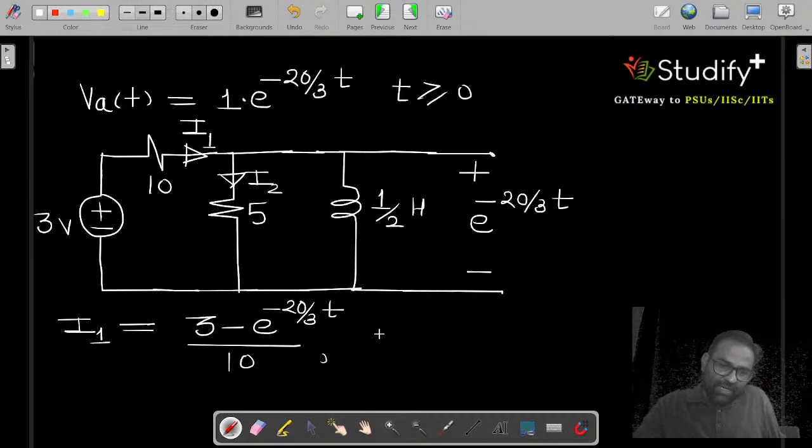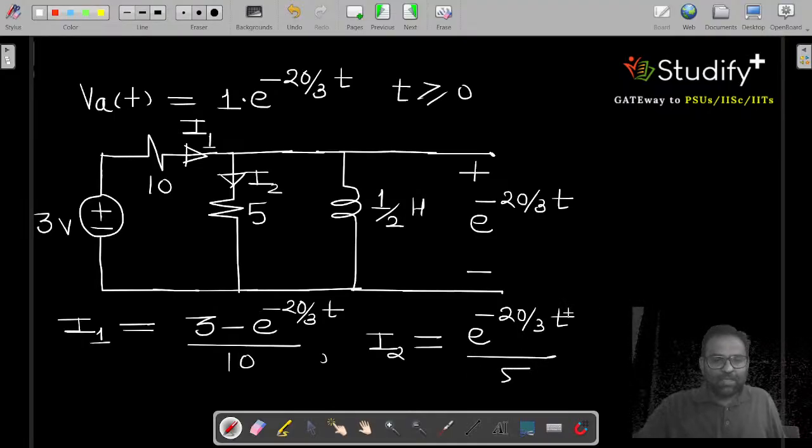What is the current I2? The current I2 is given by e to the power minus 20 by 3 into t divided by 5. And I1 current minus I2 current is the current which is going inside the inductor.